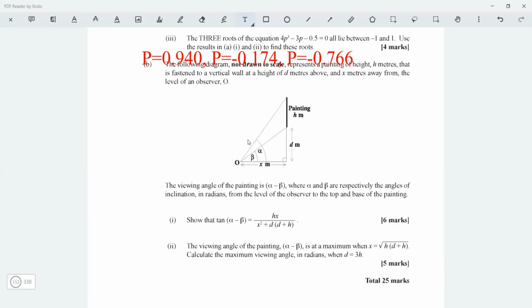Show that the tan of alpha minus beta is hx over x squared plus d times d plus h. All right, so what I'm going to do is copy this diagram so we can do it easier.